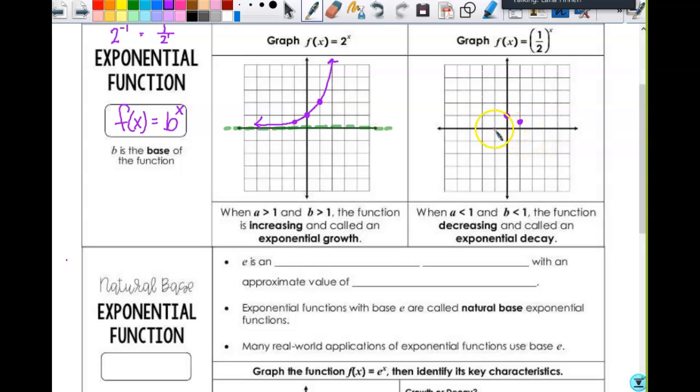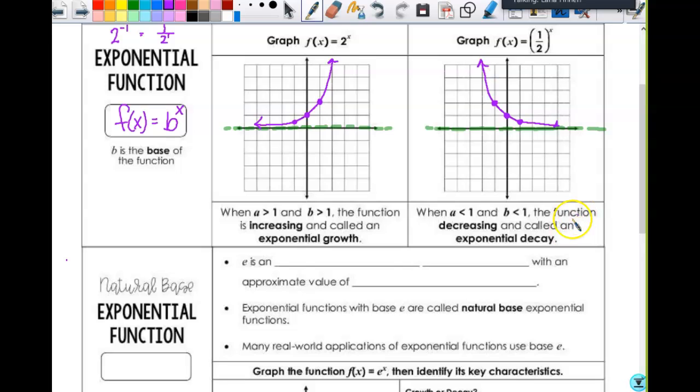If I substitute in a -1, what do I get? 2, because it's the reciprocal. All right, so again, if my exponent keeps getting bigger and bigger and bigger, my y value will get smaller and smaller and smaller, but will I ever reach 0? No. So I have an asymptote here at y equals 0 as well, and this looks like this. So basically, these are reflections of each other in the y-axis.